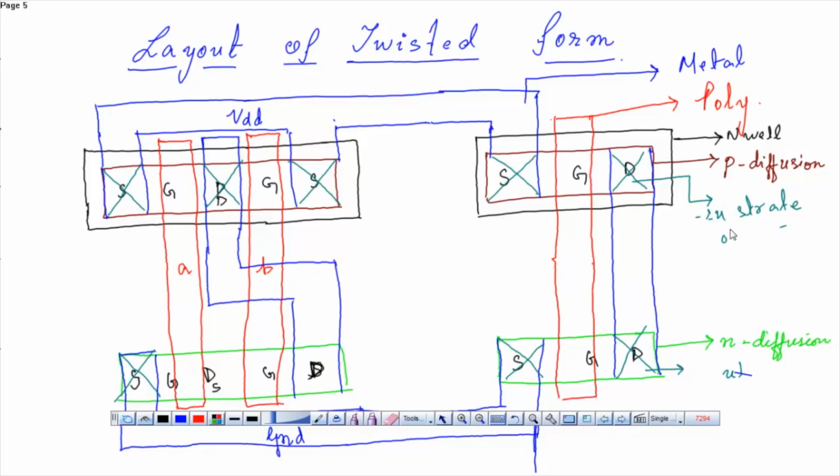These contacts are, this is the p diffusion contact, and this is the n diffusion contact.